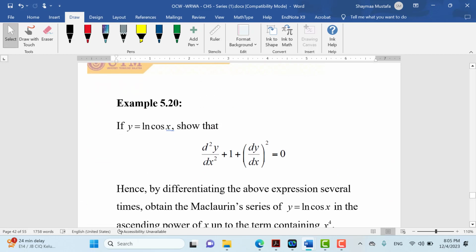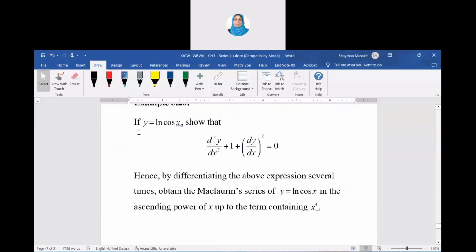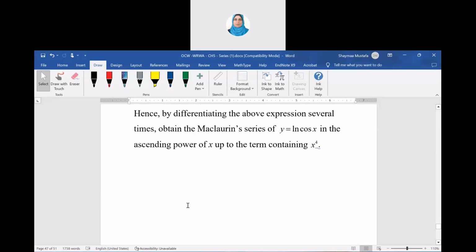Okay, so our next example: if y equals ln cos x, show that the second derivative plus 1 plus dy over dx squared equals 0. This one is normal, as we did in chapter 2. You need to find the first derivative.